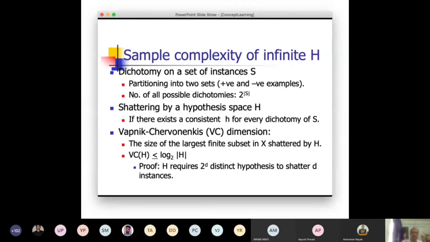So if it shatters, d would be at least the VC dimension. It could be more, up to d plus 1 also, but then it requires 2 to the power d plus 1, which means that your d, representing the VC dimension, should be less than log of |H|.